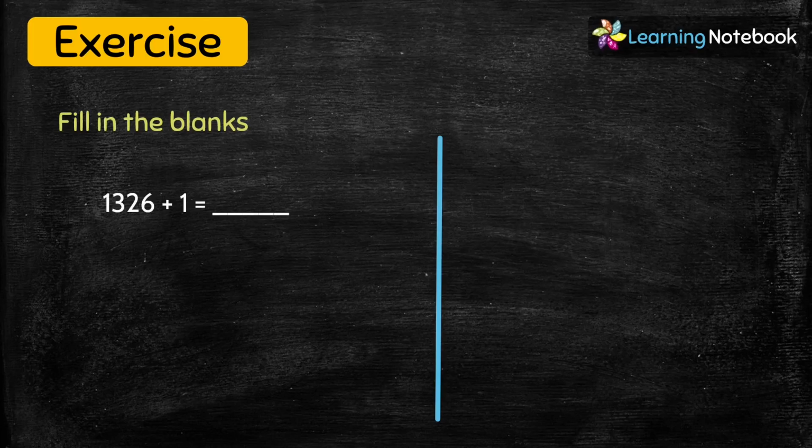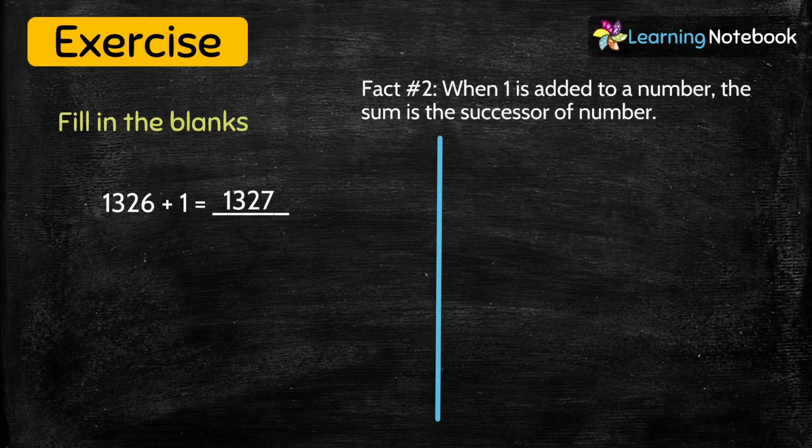First fill in the blank is 1326 plus 1 equals dash. So here answer is 1327 because we learnt in addition fact 2 when 1 is added to a number, the sum is the successor of that number.